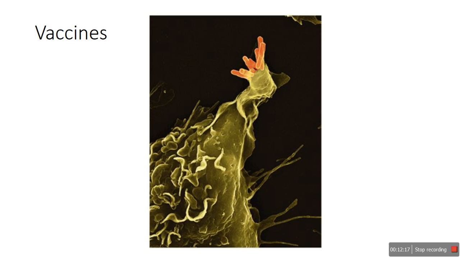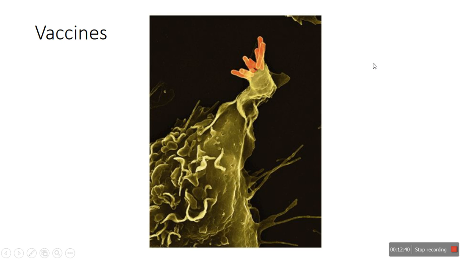The vaccine triggers that primary immune response that we've just discussed in detail. During that primary response, memory cells are produced, which can then reproduce very quickly should there be a secondary infection.